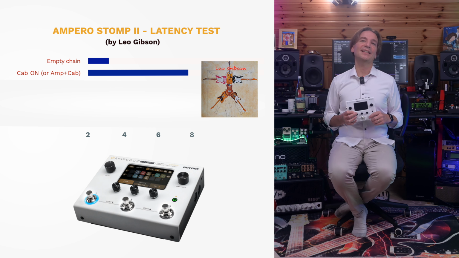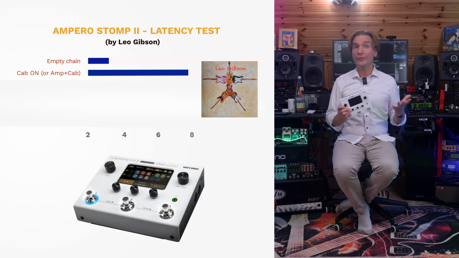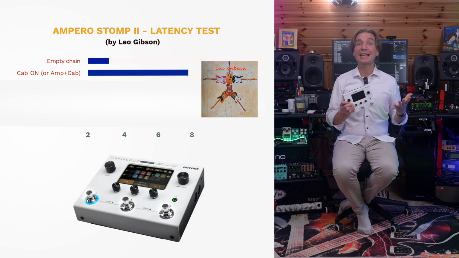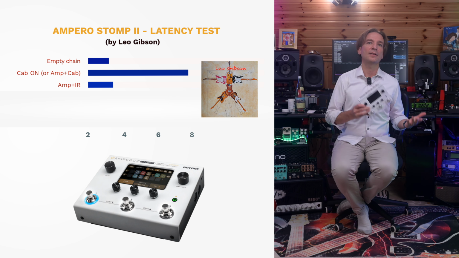Second deduction is that Ampero has already made some improvement, as in my previous test, the latency with the cab was around 10 milliseconds. If instead of the cab we use an IR, the latency of the amp plus IR blocks goes to 3.2 milliseconds instead of 7.8 of the amp plus cab.